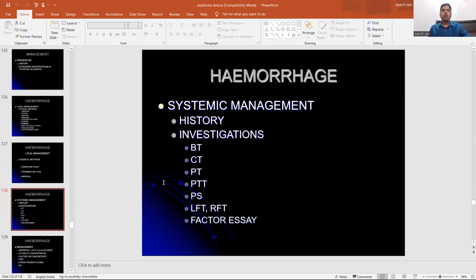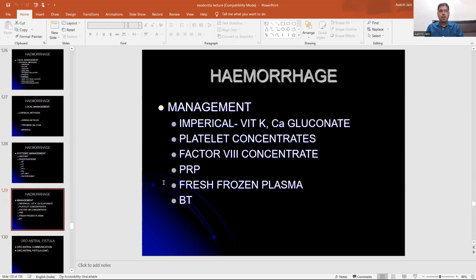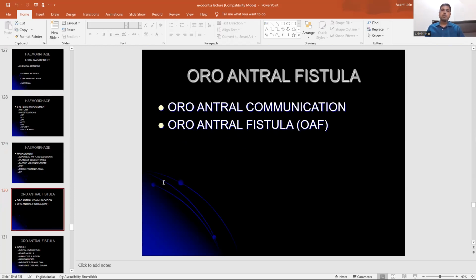Investigations like bleeding time, clotting time, PT INR, and LFT, KFT, RFT can be done before the treatment. Hemorrhage management also includes empirical vitamin K and calcium gluconate. Platelet concentrates, factor 8 concentrates, PRP, fresh frozen plasma, and whole blood can be given to the patient to control the hemorrhage.